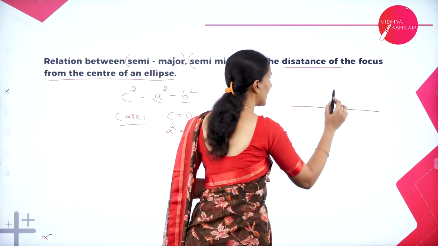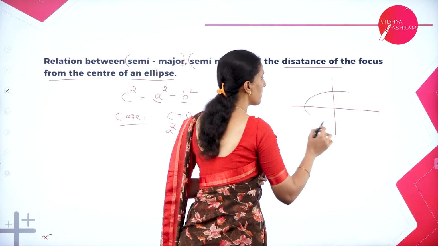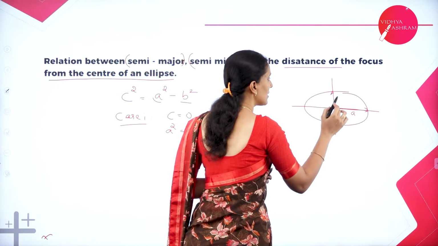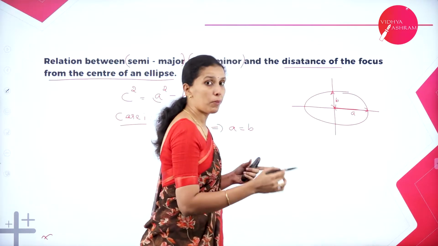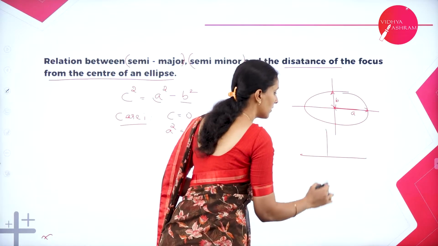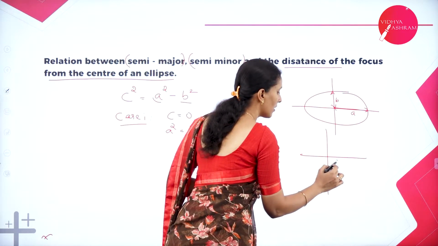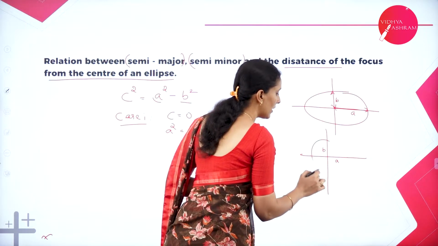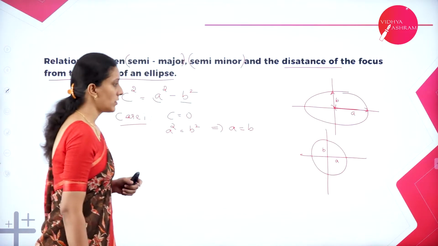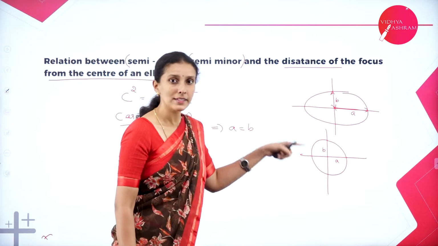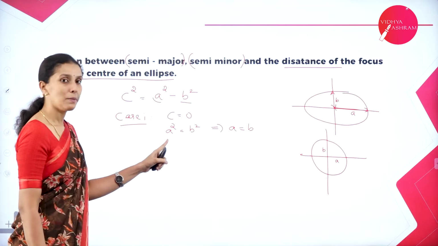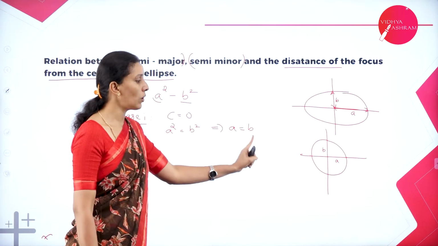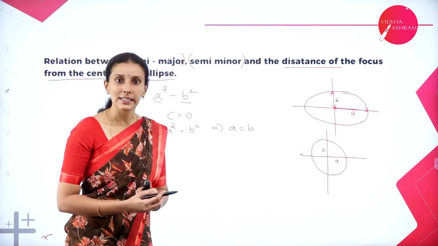This is the ellipse where this is the maximum distance A and this is the minimum distance B. If both are equal, the distances A and B are the same, so you will get a circle. So an ellipse can become a circle if the semi-minor and semi-major axis are the same, that is, if A is equal to B.